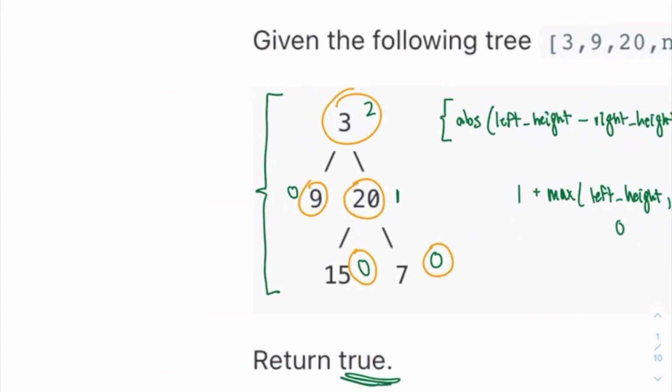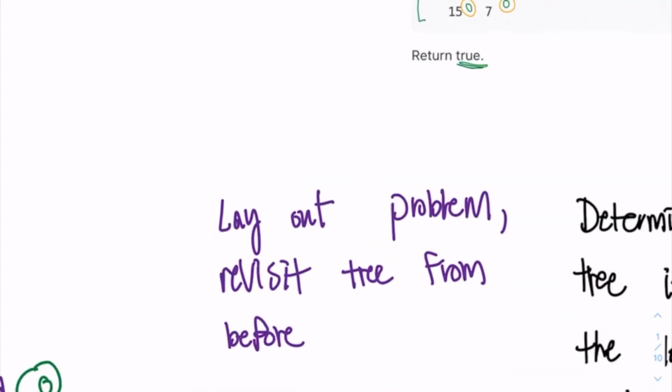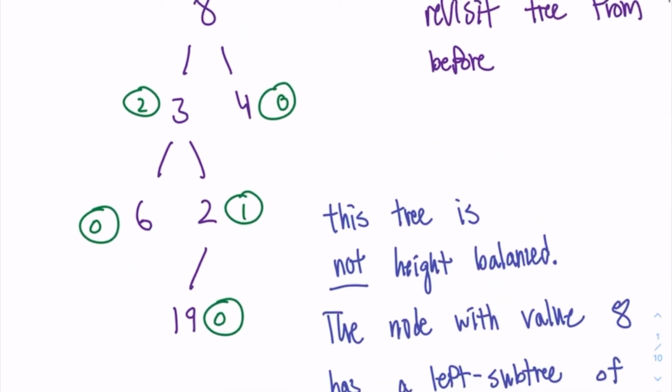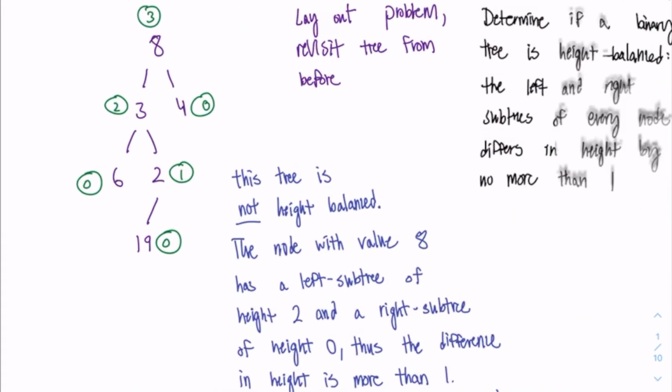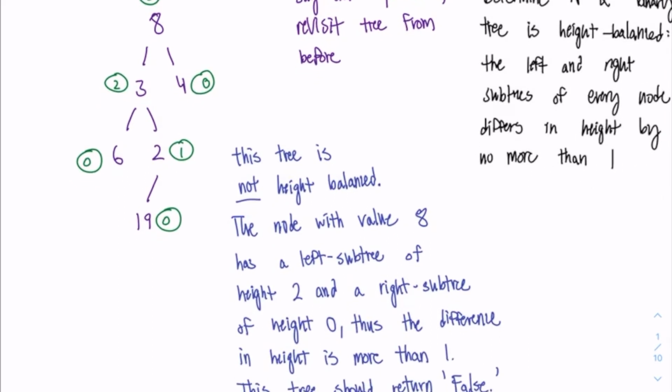Now let's go over a situation where we will return false for a binary tree because it's not height balanced. As you can see, I already wrote out the heights of each node, and you can see that 3 has a height of 2, whereas 4 has a height of 0.